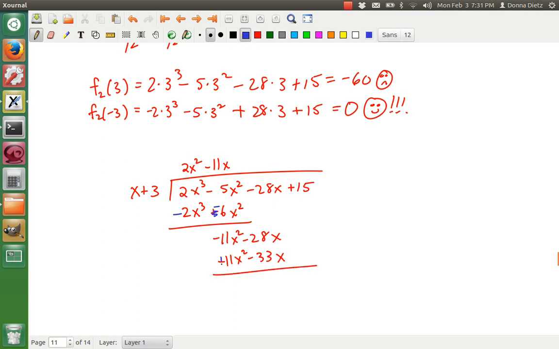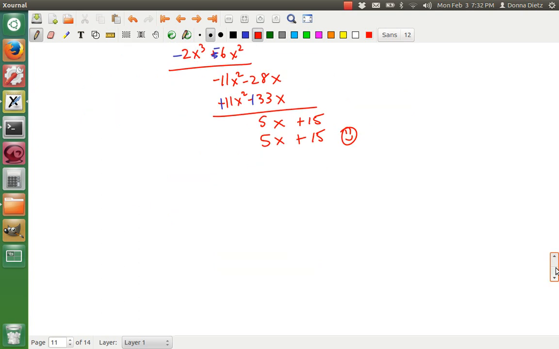Alright, so change the signs and add. And it's going to be 5x plus 15. So we're going to say plus 5. This is 5x plus 15. You don't have to finish at this point. You just have to be happy that it worked.